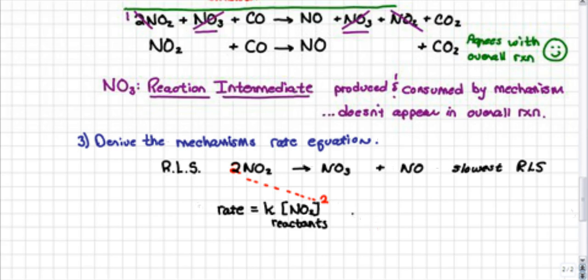The last thing that we do is we compare it to the experimental result, which I listed at the very beginning of the problem, and we see that they are the same. Our mechanism predicts the same rate equation as was observed experimentally, and thus our mechanism has now passed the third and last test, and we can conclude that this mechanism is reasonable and likely to be correct.